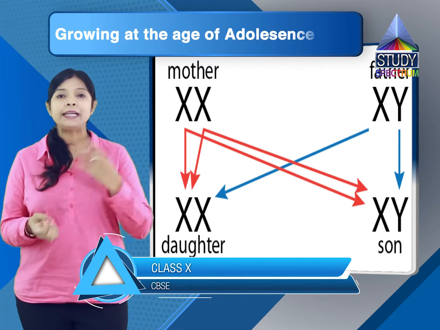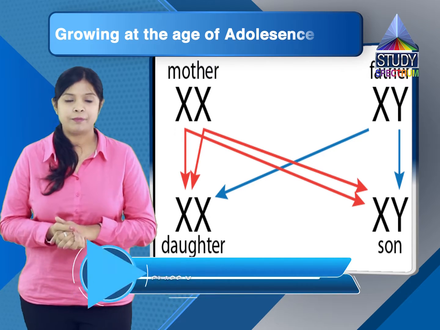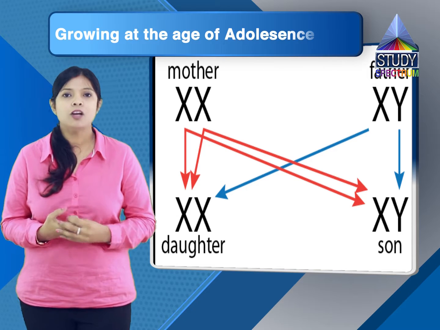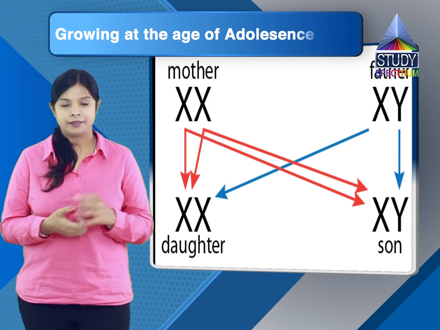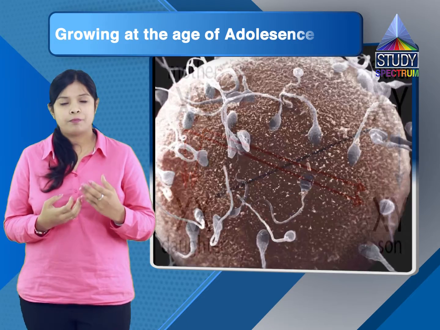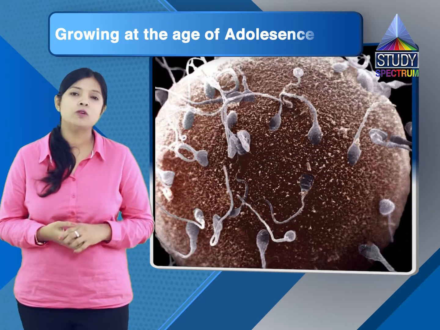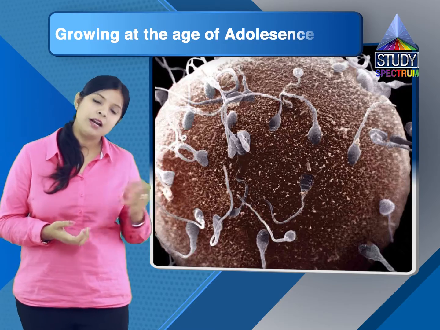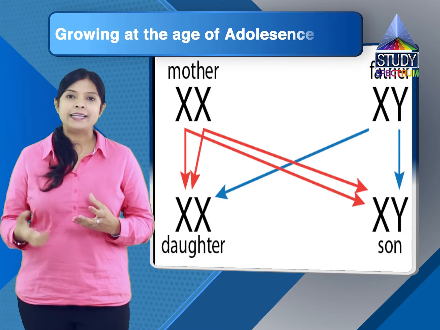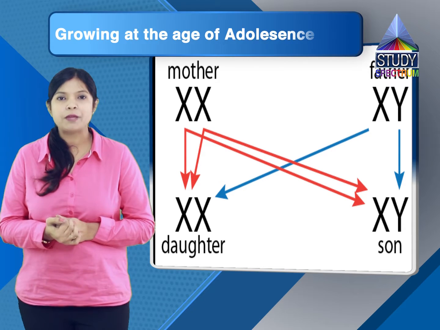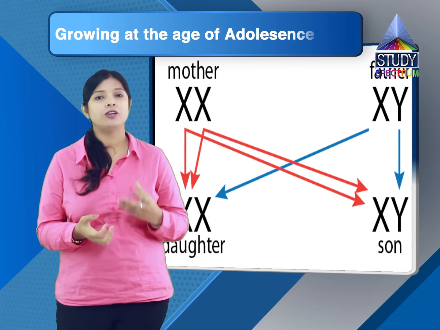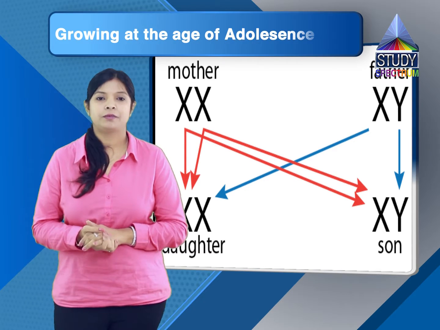It is completely wrong and unjustifiable, because the sex of the baby is completely determined by the chromosomes of the father. When an ovum fertilizes with a sperm carrying an X chromosome, the resulting baby is a girl, and when the ovum fertilizes with a sperm that carries a Y chromosome, the developing baby will be a male. So that was all about the determination of sex in the child.